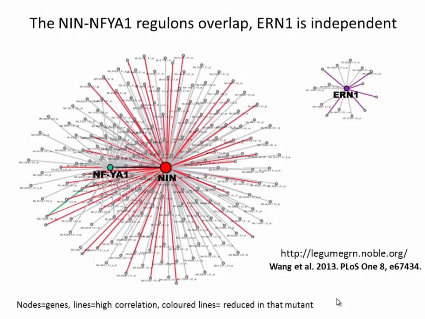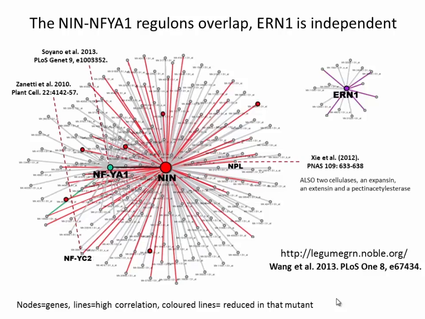The red color are genes or probe sets which are down-regulated significantly, at least twofold, in NIN. The purple are down at least twofold in ERN, and the green are significantly down in NFYA1. And we were pleased to see that those known targets of NIN that have been previously published were all in this analysis. What we've done now is pick out a bunch of other genes which we're interested in, and we're currently trying to validate these using ChIP PCR.